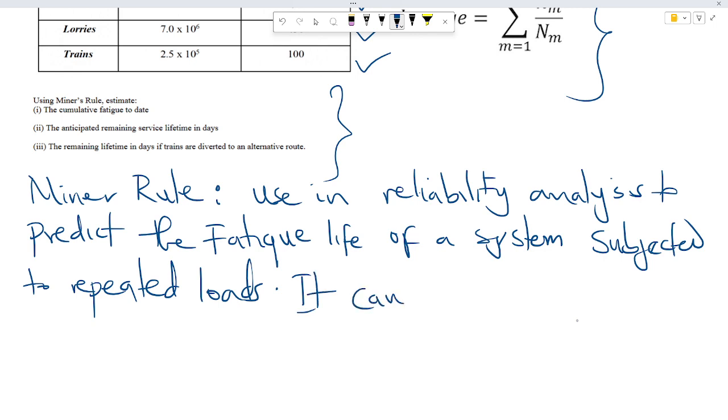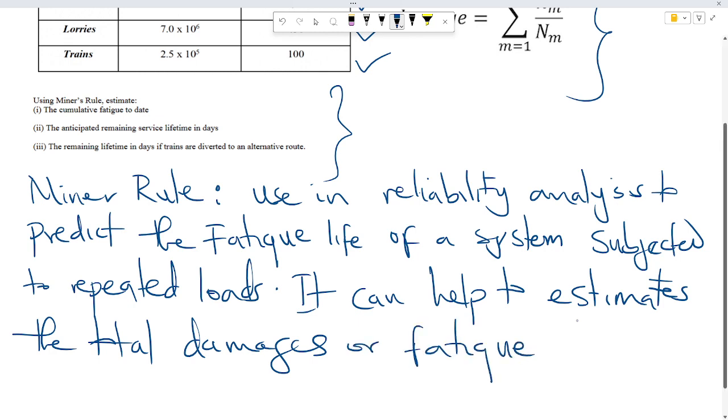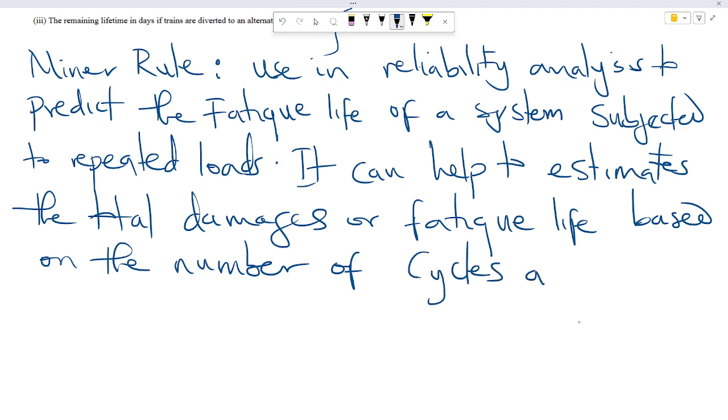It can help to estimate the total damage on fatigue life based on the number of cycles at different stress levels.